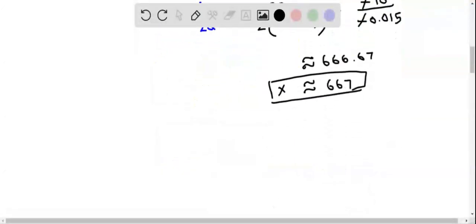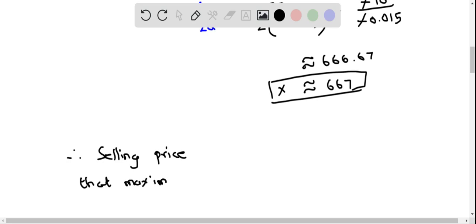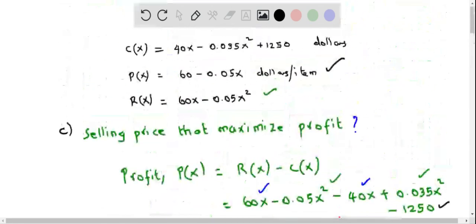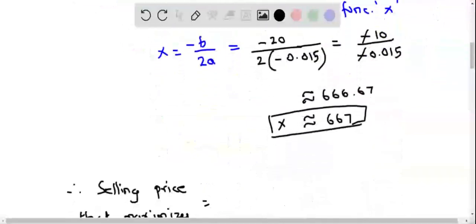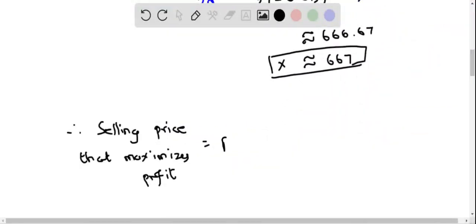So the selling price that maximizes profit equals p of 667.